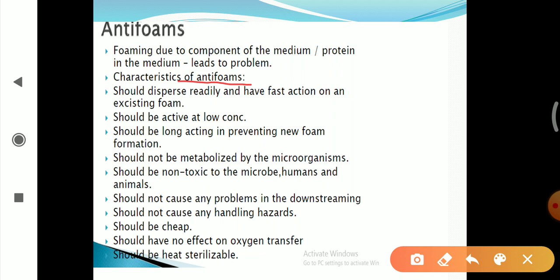So to avoid foam, we go for antifoaming agents and foam breakers, and first we change the medium. So what are the characteristics of an antifoaming agent? Whatever antifoaming agent we use in the fermentation medium, what characteristics should be fulfilled?